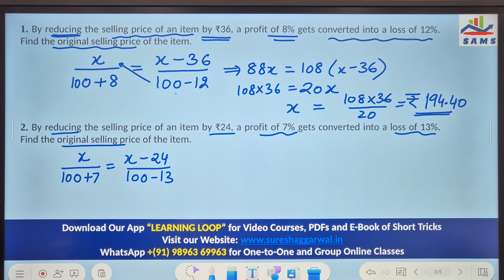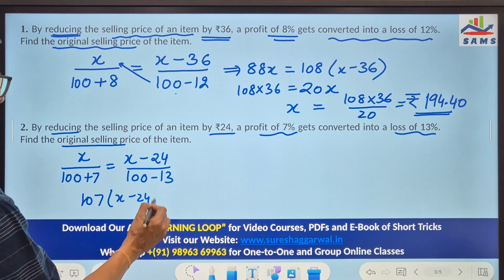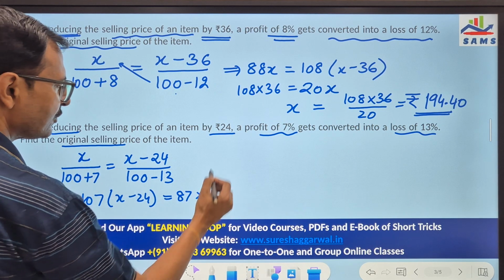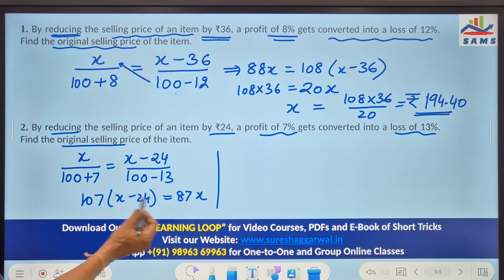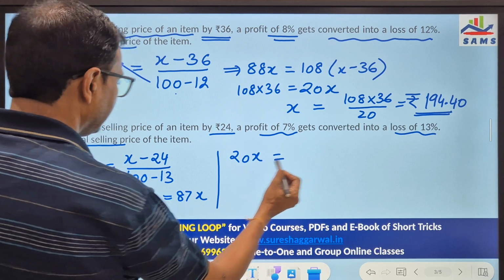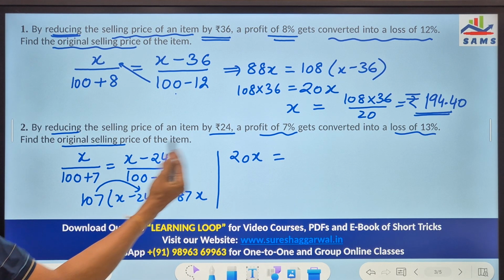That depends on how much quickly you can solve the linear equation. So this is 107 times X minus 24 equals, this is 87 times X. So we have a simple equation which is to be solved. 107 minus 87 will be again 20x, and this 107 times 24 will go on the other side.